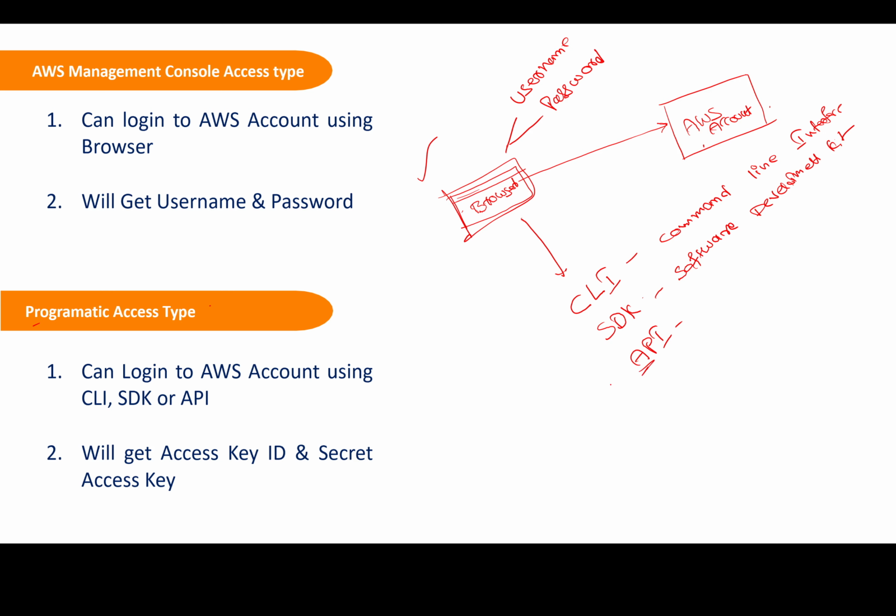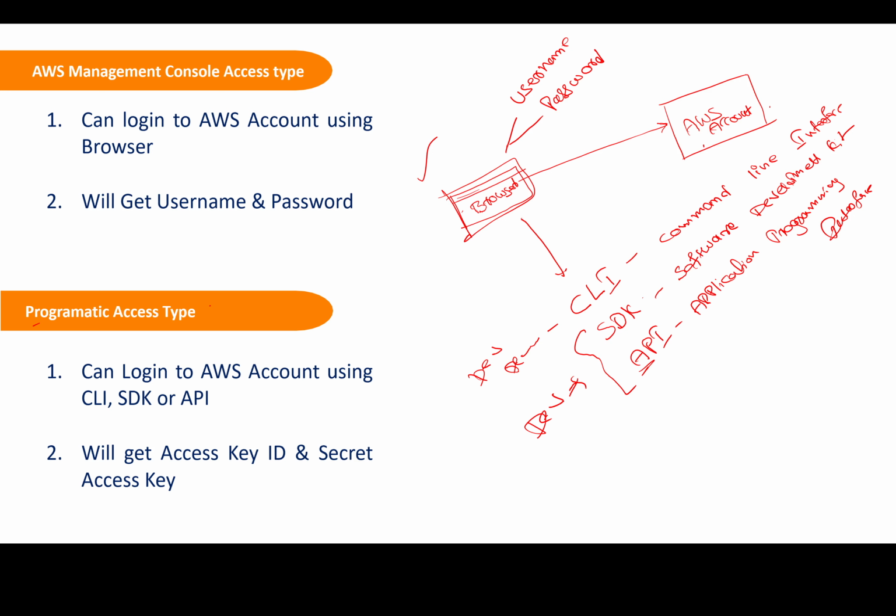What does the A stand for? Not Amazon. A stands for Application Programming Interface. So these are used by the developers. Sometimes the dev team will use it, sometimes DevOps, sometimes the operations team, and so on.